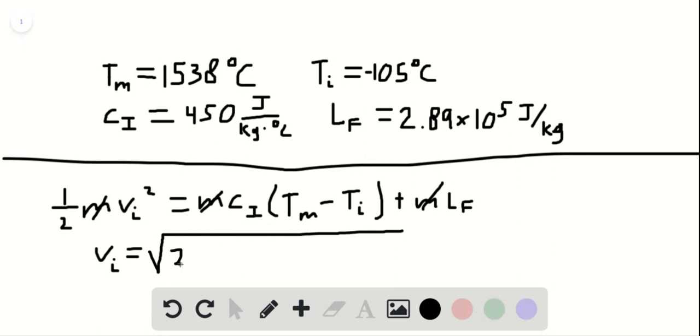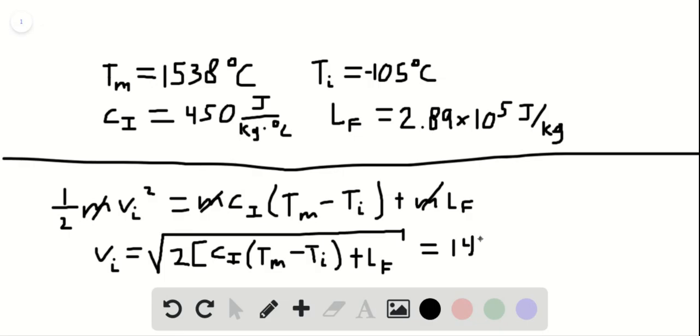of 2 multiplied by C sub I times T sub M minus T sub I plus L sub F. So plugging in all those values into this expression, we find that the initial velocity is equal to 1,430 meters per second.